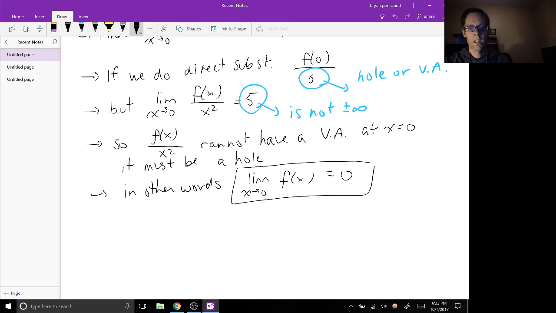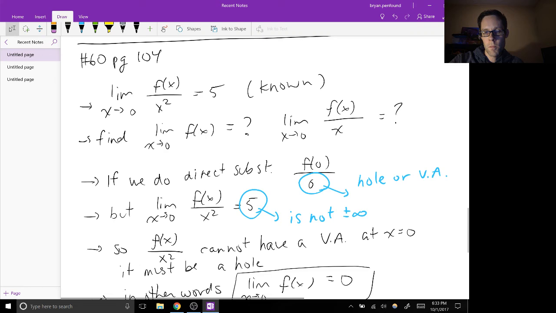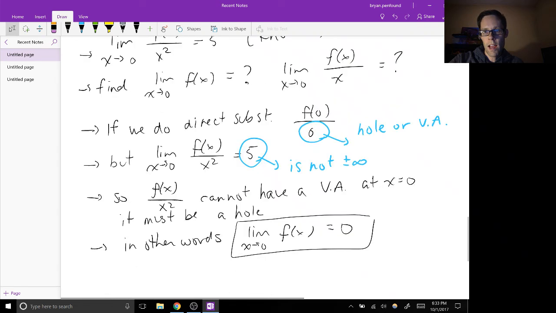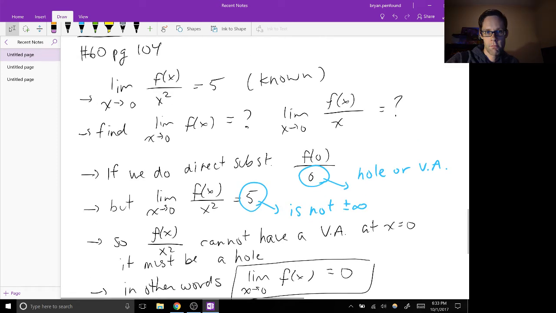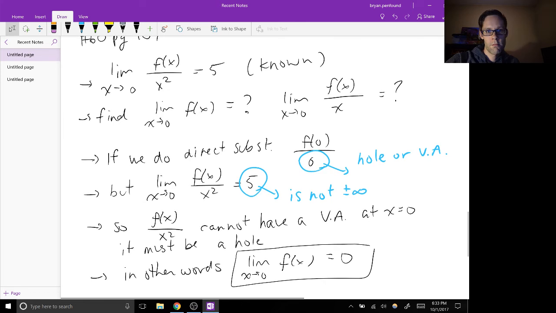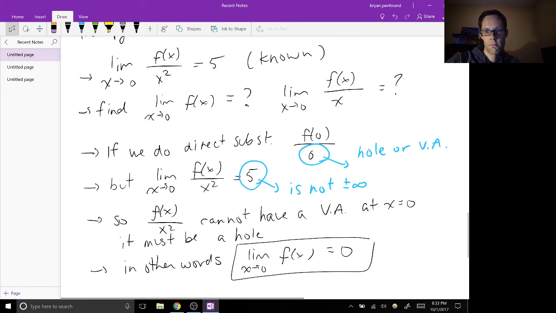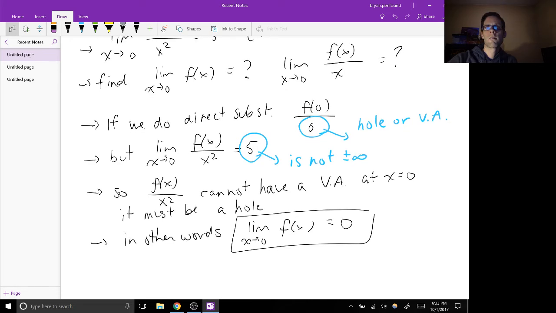So what do we need to do next? Next, we need to think about what happens for f of x divided by x. And you know what?